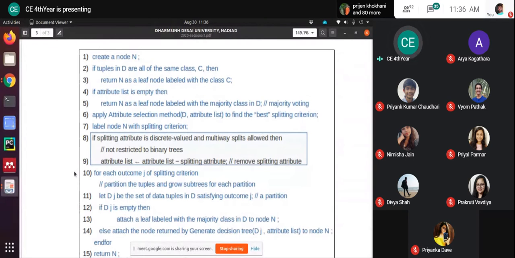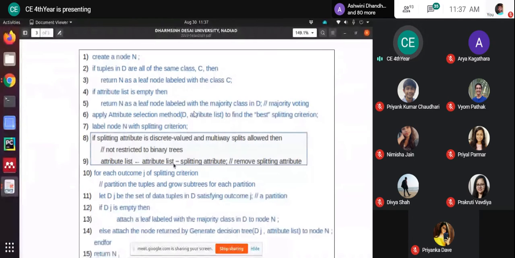If you recall our credit rating example and so on, whichever attribute we have selected, we were referring to that attribute as a splitting attribute. From the remaining attribute list, we'll remove that splitting attribute, but not always. If it satisfies step number 8, then we'll perform step number 9. So I hope step 9 is clear: we are just removing the attribute that we have selected right now.